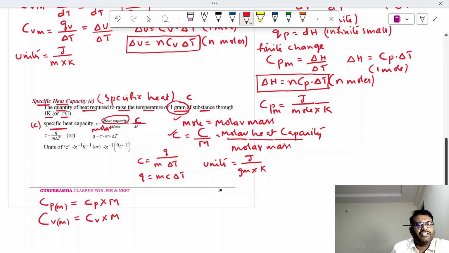Molar heat capacity at constant volume is equal to specific heat capacity at constant volume into molar mass. Okay, so that will be the relation between molar heat capacity and specific heat capacity.